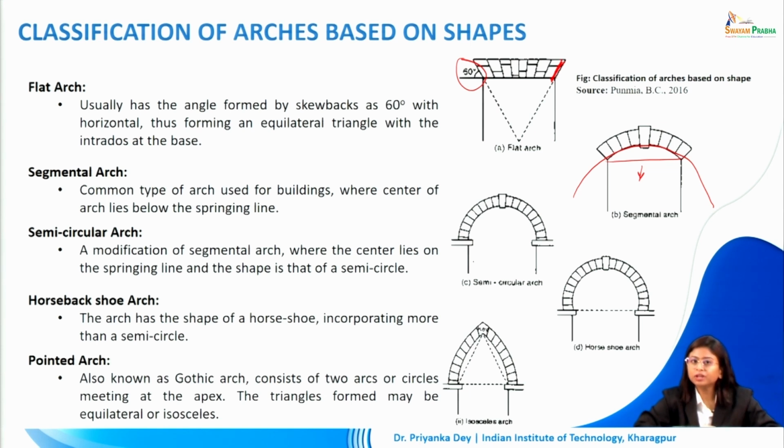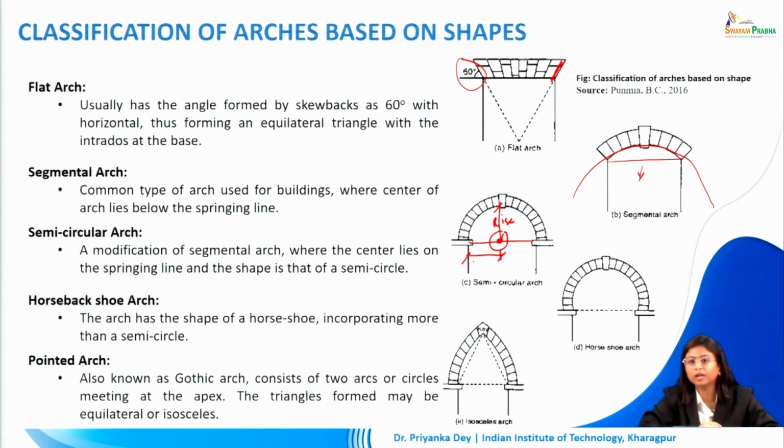The semicircular arch is actually a modification of a segmental arch in which the center lies on the springing line and the shape is that of a semicircle. So that means the center will lie on the springing line here. In this case, the rise of the arch is going to be half of the span, because that's the radius.